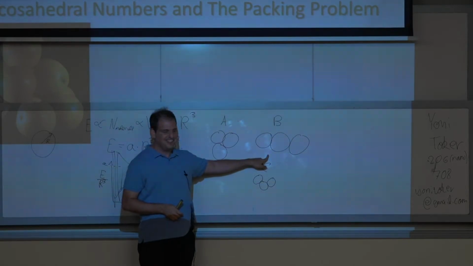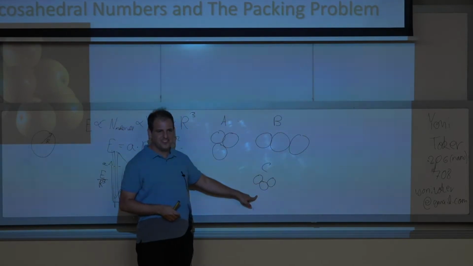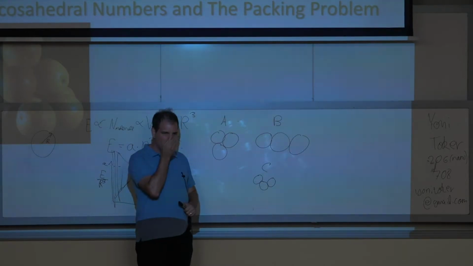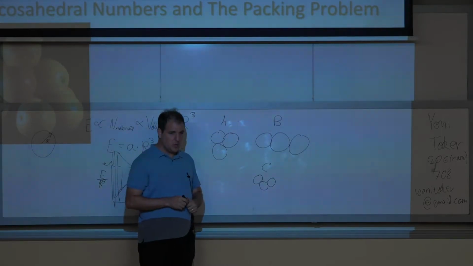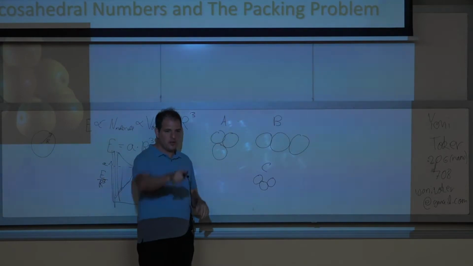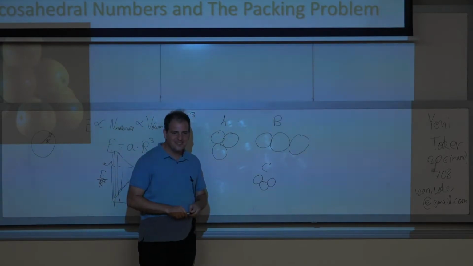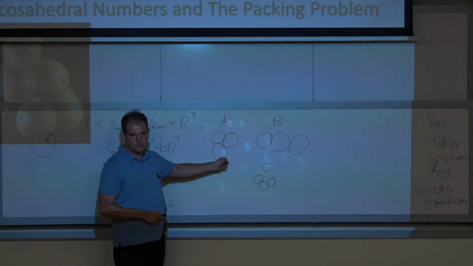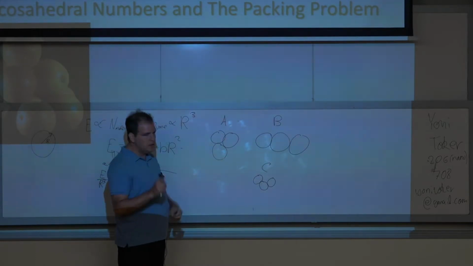Who says C? Why C? Between B and C it depends on the valence electrons, but usually you will have lone pairs, so it's probably BC. But this is just van der Waals, no lone pairs. What's your name? Sapir. Sapir, you said A. Can you say why A? Maybe because all the molecules are connected. Okay, they are connected between all.